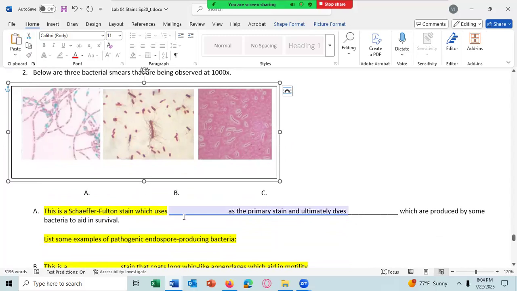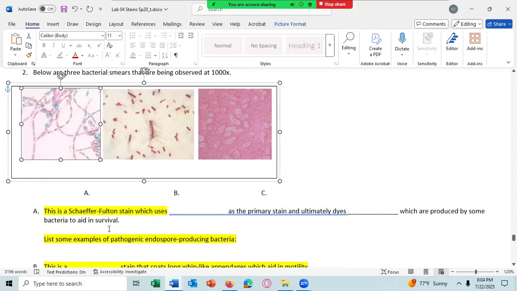which uses malachite green as the primary stain, and it ultimately dyes what, which are produced by some bacteria to aid in survival. Any question about any of that? You can find the answer in the lab module if you don't know.